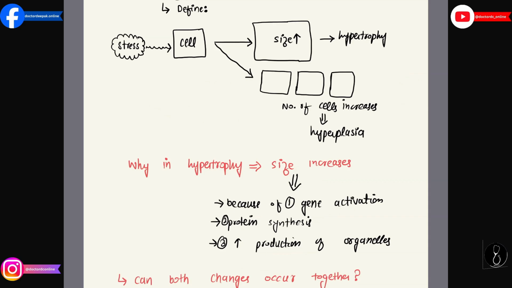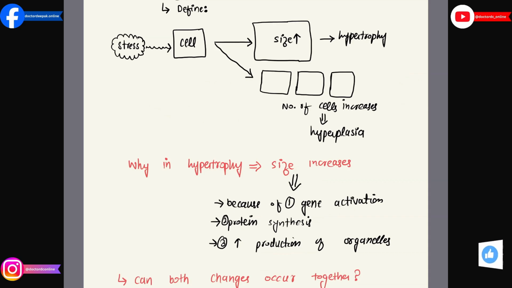So what is an example? Let's suppose you take the example of pregnancy. In pregnancy, we know that the uterus size is increased. If they ask how the uterus size is increased in pregnancy, you have to keep in mind two things. First, we know that in the uterus there are smooth muscles.